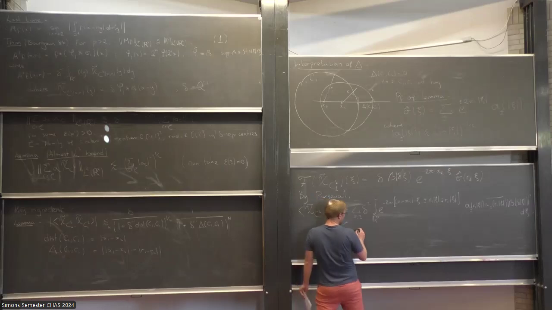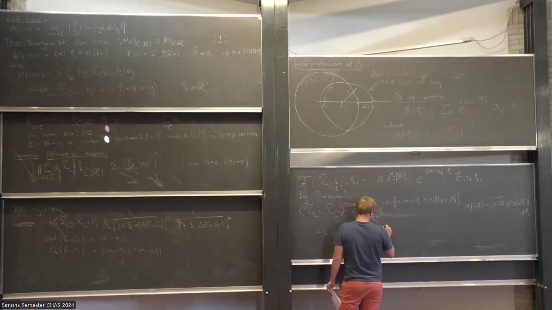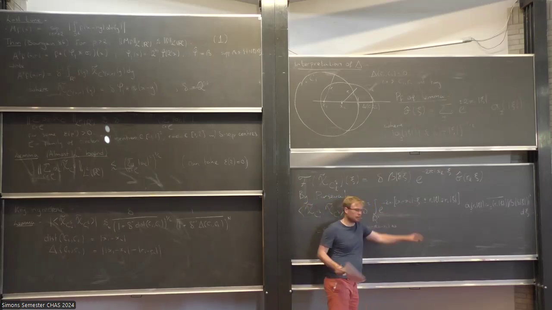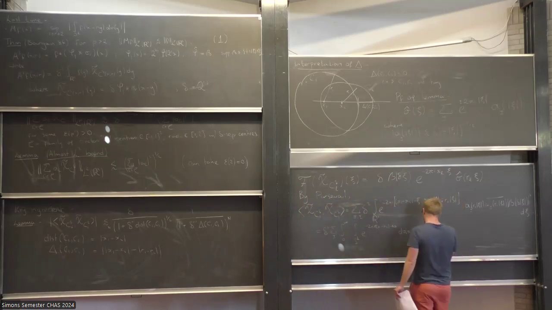We'll let rho be our radial coordinate, and omega be our angular coordinate. So the only time we see the angular coordinate is here. The rest of the time it's all rho.